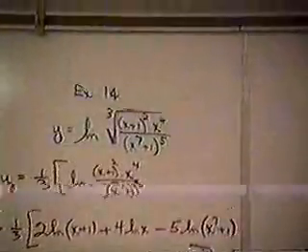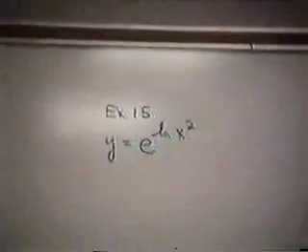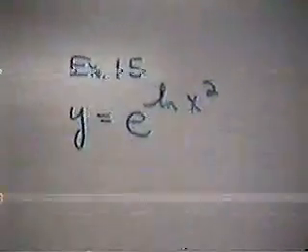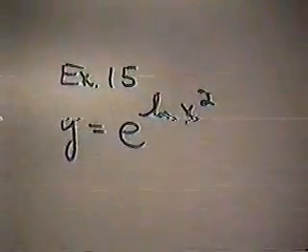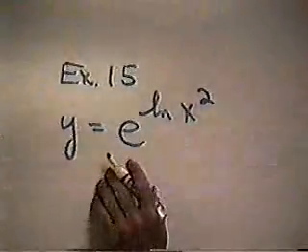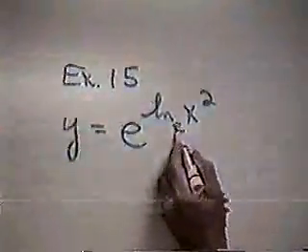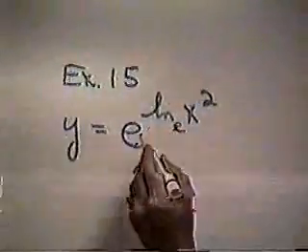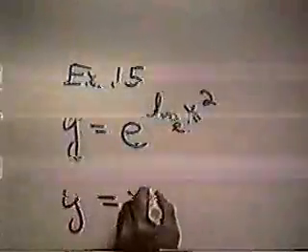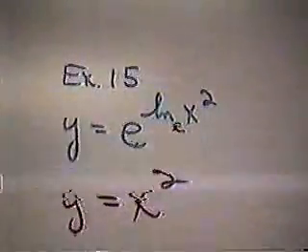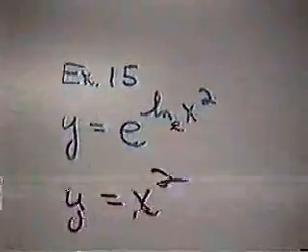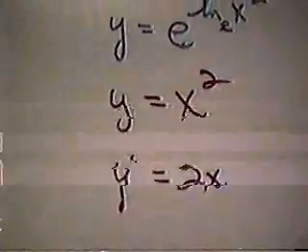Okay, so now let's look at some other examples where the rules that we learned on the first page of the notes are useful. For instance, the derivative of this is, wait a minute, that's e to the power log base e. If these are the same, then we just get to replace it with x squared. Therefore, y prime is equal to 2x. Look at example 16.